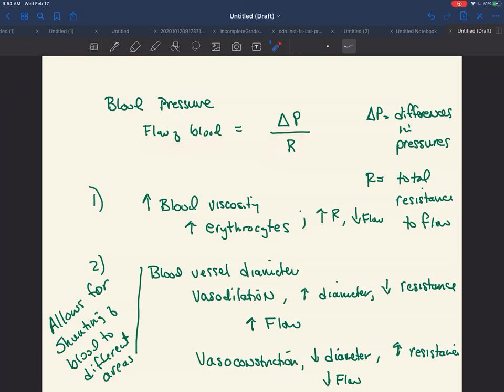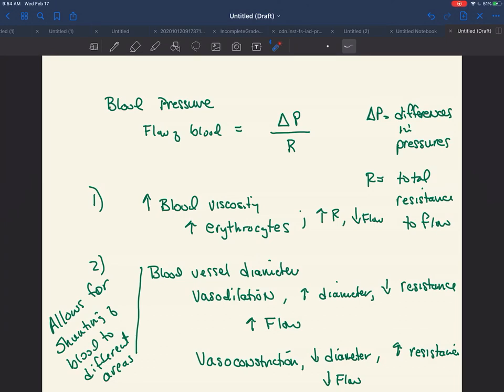That is the resistance to flow. This is very much like a physics problem, looking at the movement of fluids through a pipe or a hose, for example. One of the things that affects resistance is your blood viscosity, meaning how thick your blood is. That is most directly related to the amount of erythrocytes, the red blood cells, in your blood.